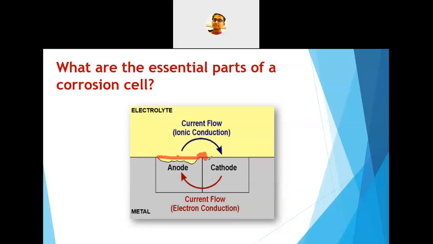So in a concrete structure, the steel is taking part as the electronic conductor, and the concrete solution is acting as an electrolyte, and the metal itself is acting as anode and cathode. How it is acting, all these things we'll see in the upcoming slides.